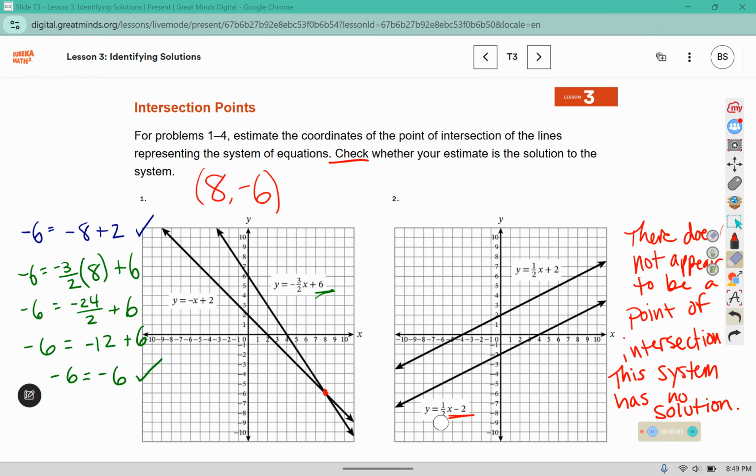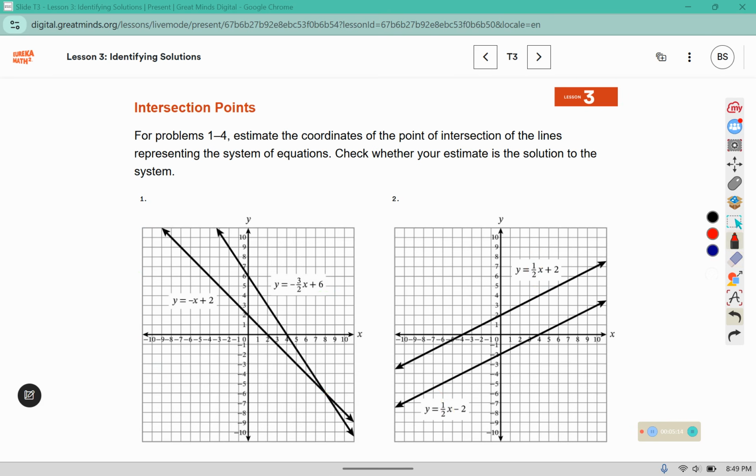You can also see here that the slopes are the same. So these lines are parallel, meaning they will never intersect. There will be no point of intersection.